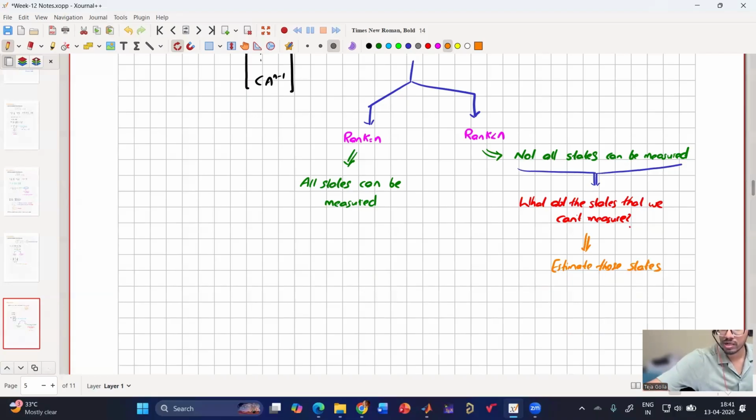We try to estimate them using an observer, and then we get the estimated states, and using those estimated states, we'll try to design the controller.